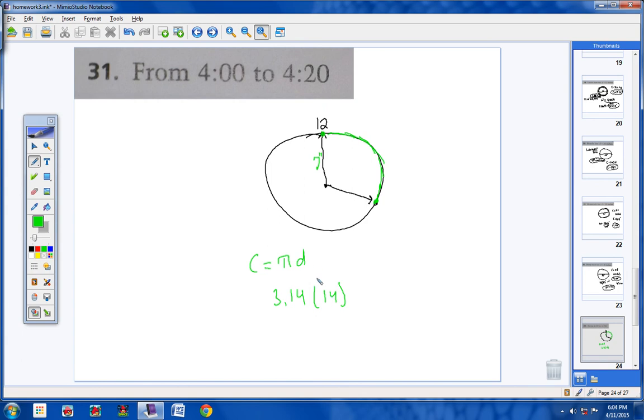Now we're going to use this same diameter for the next 3 problems, because for the next 3 problems, we still have a clock with a 7-inch minute hand, so the circumference is not going to change. So we get 43.96 inches. Now that's the total circumference, okay? Let me copy that real quick so we have that.